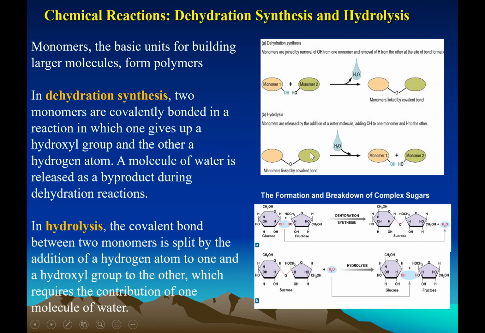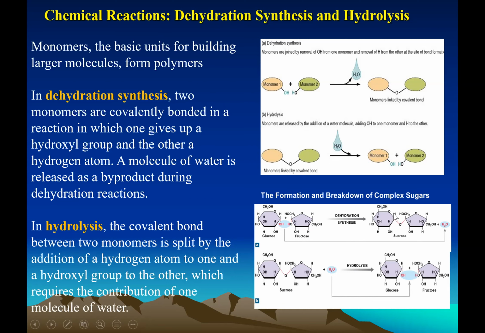When we want to break a large molecule into smaller molecules, we need to add water to the system. It's called hydrolysis. So by adding water to the system, a large molecule is broken down to monomer. Monomer means one molecule. Polymer means more than one molecule.